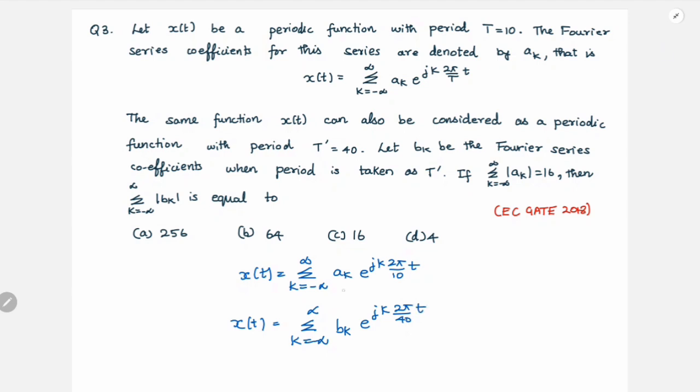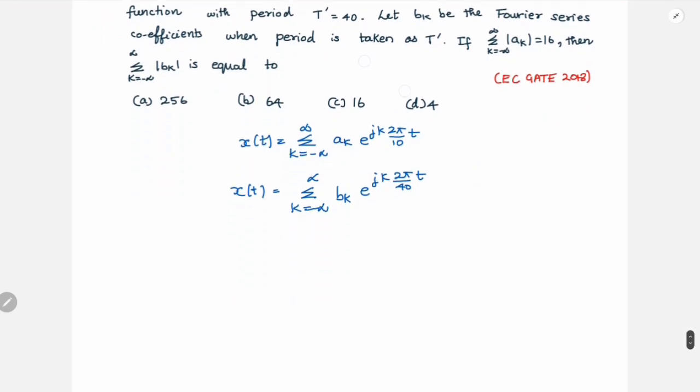If we are somehow able to relate ak to bk, then we can find this. And this is not even the power terms, right? It's just the modulus of the Fourier series coefficients. So we cannot use Parseval's theorem here. So we have to go with the relation between ak and bk.